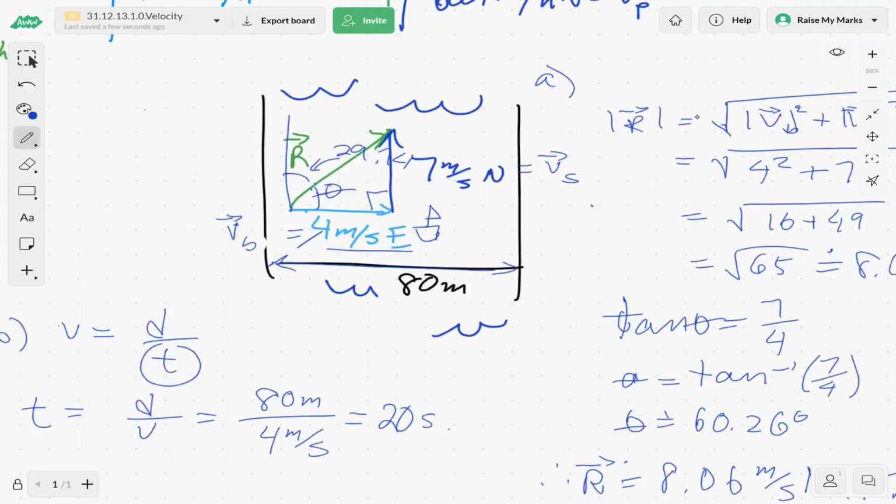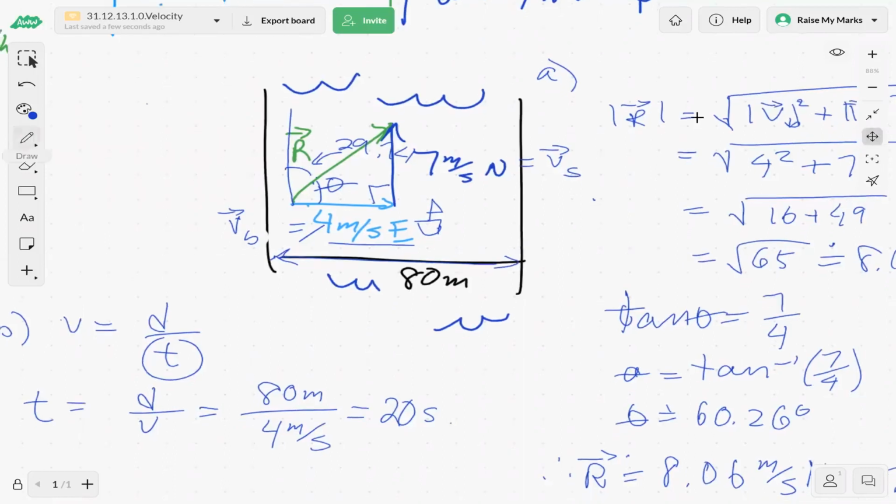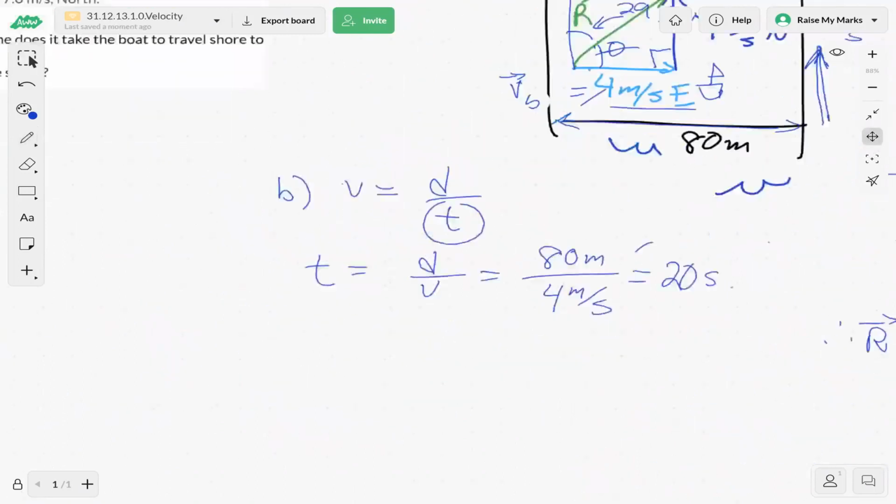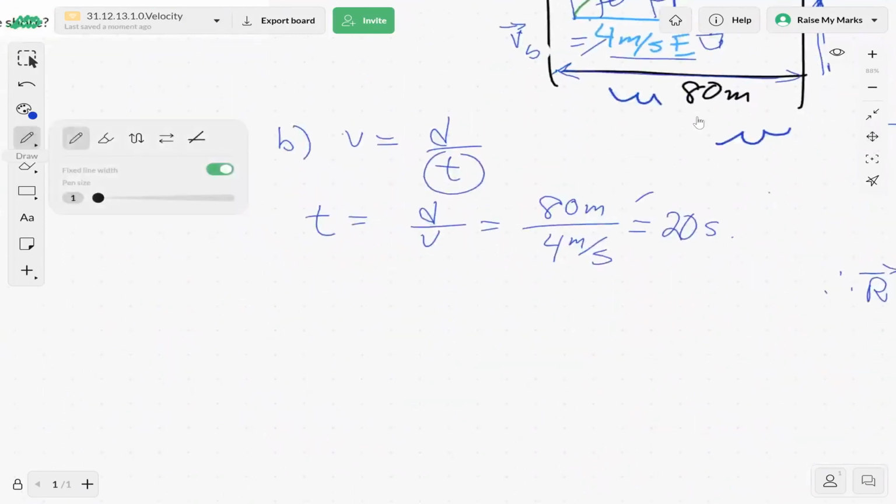North, I think, north 29.74 degrees east. So we need to figure out how far downstream we've traveled. So in this case, we use the velocity of the stream with that period of time, so 20 seconds. So let's find a little bit of space.